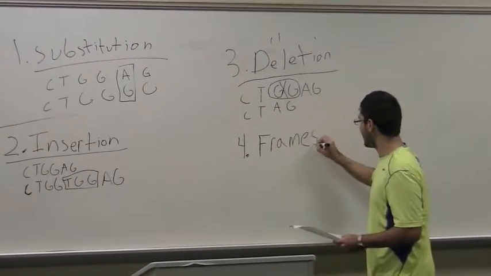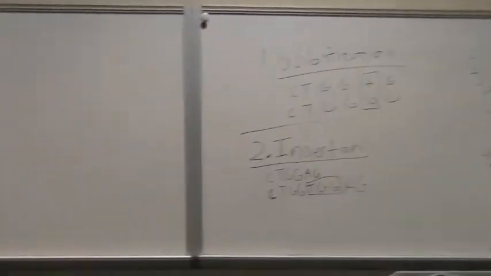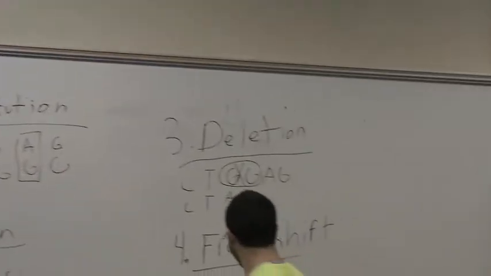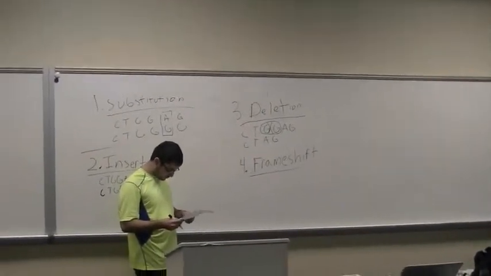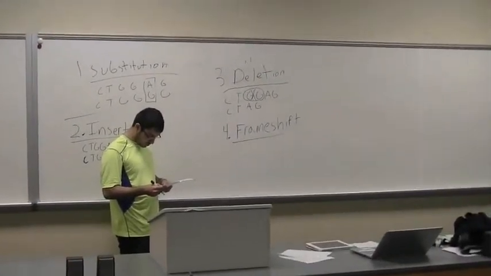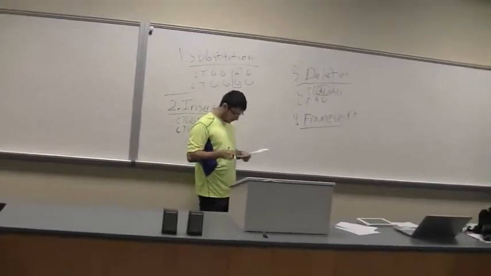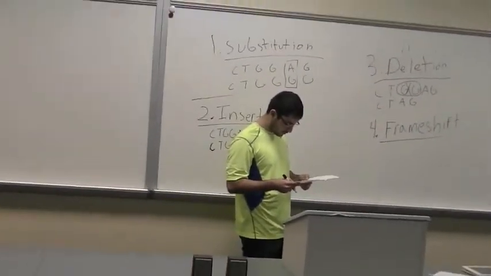Frame shift is the last type. Frame shift occurs when insertions and deletions alter the gene so that its message is no longer read correctly.